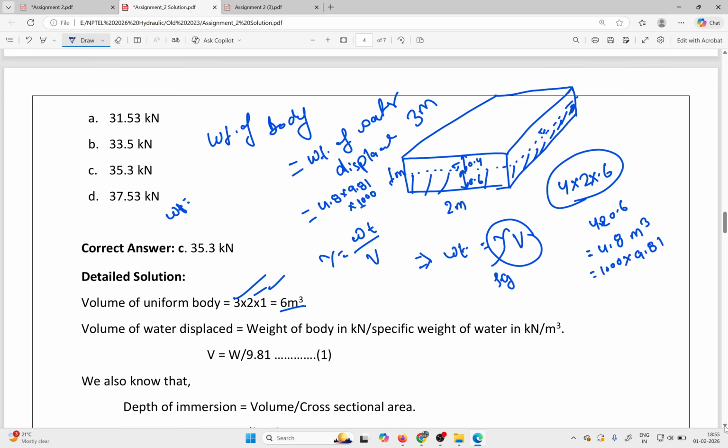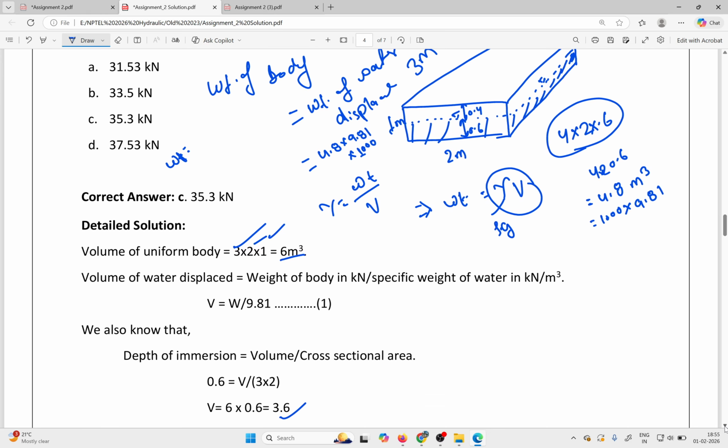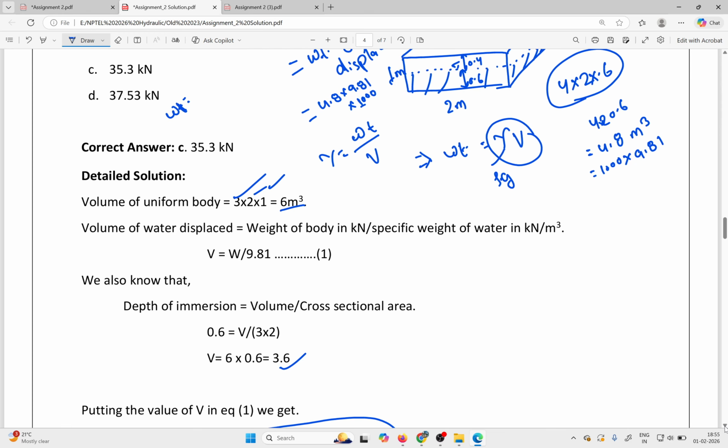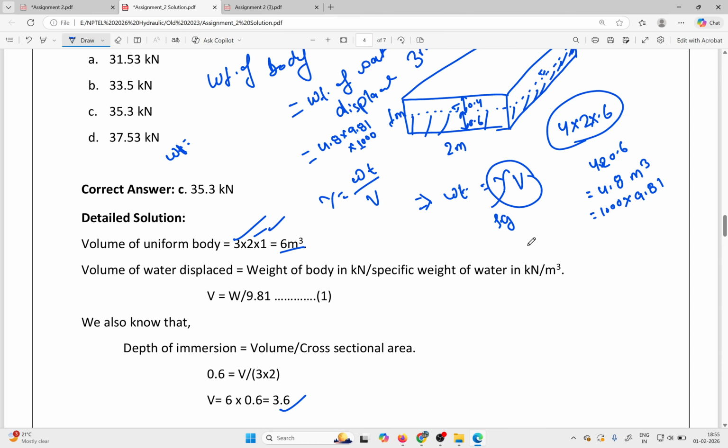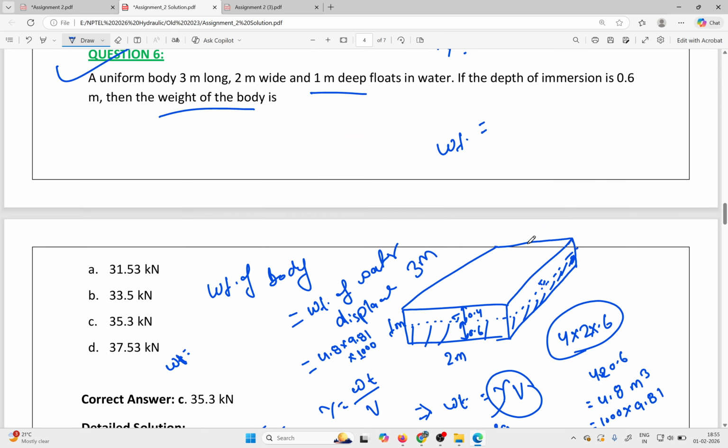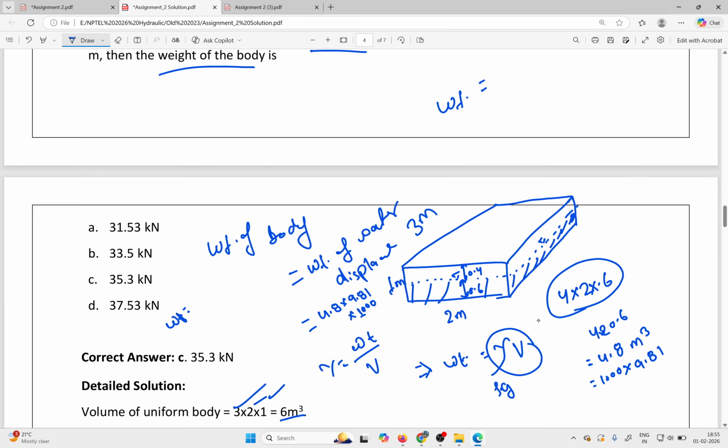A similar thing. Where did we make the mistake? Can anyone find out? Oh, this is not 4, please. This is your 3. This length is 3. 3.6.